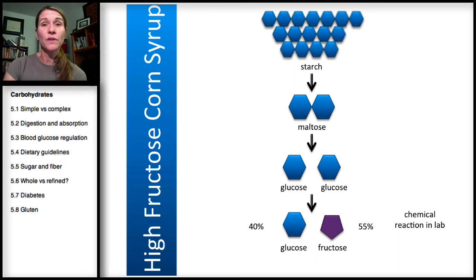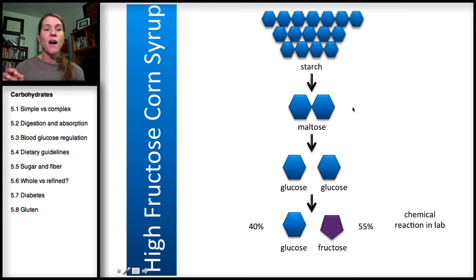So what they do in order to make corn syrup or corn sugar is break it down just as we would in the body. So you're going to break it down into maltose and then into glucose. So when you get a corn sugar, it's going to be similar to maltose, and then that can break down into glucose.